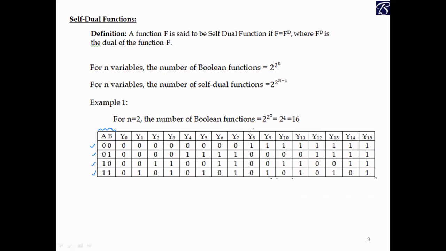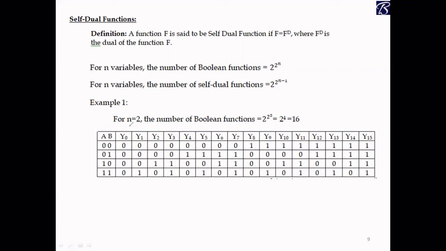That means in this case 16 Boolean functions are possible, from y0, where the output is all 0s, to all 1s. That means 0000, 0001 is 1, 0010 is 2, 0011 is 3, like that up to all ones. So 16 possible Boolean functions.